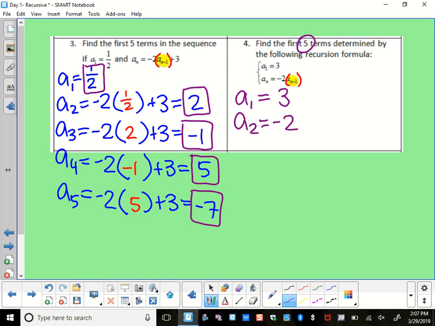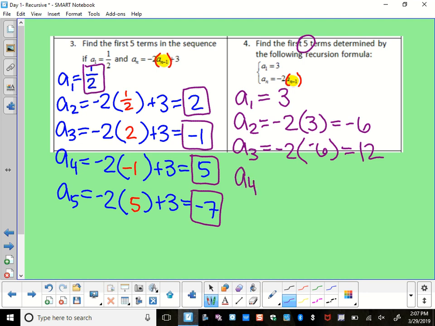All right, so -2 times the previous term. What did you get for the second term? -6. Good. So my third term is -2 times -6. What do you get? 12.